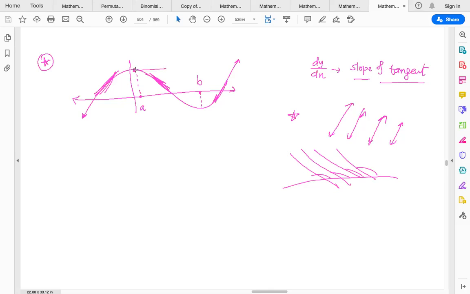Any horizontal line will have zero slope, and here as well a zero slope. So the property of the curve is changing about points A and B, and these are referred to as stationary points, which I'll cover a little later.